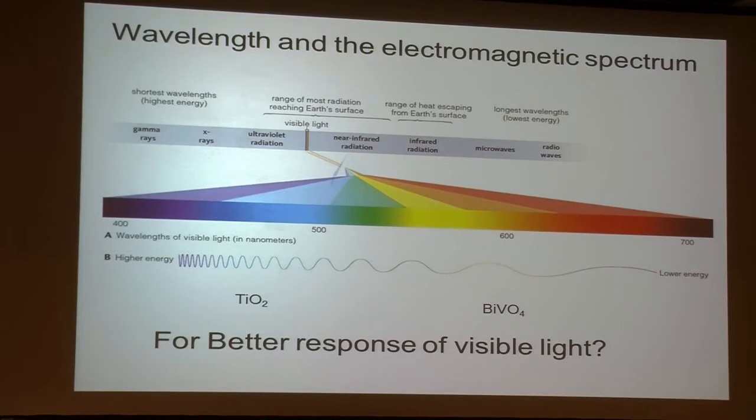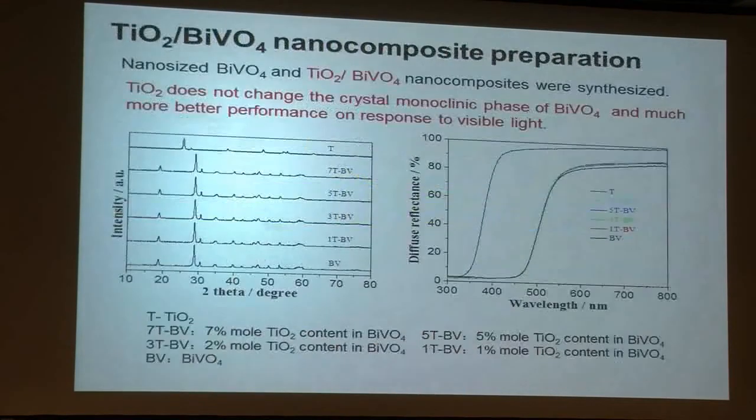Before we combine the systems, another work we have finished is to use visible light, not ultraviolet light. In this case, it's important to have semiconductive materials with a better response to visible light. So we prepared nanocomposite materials of bismuth vanadate doped with titanium dioxide.